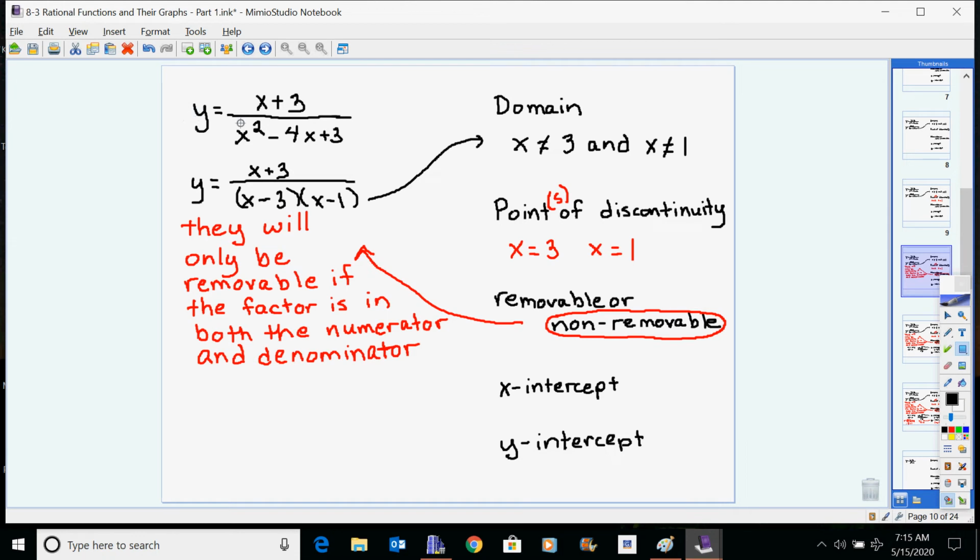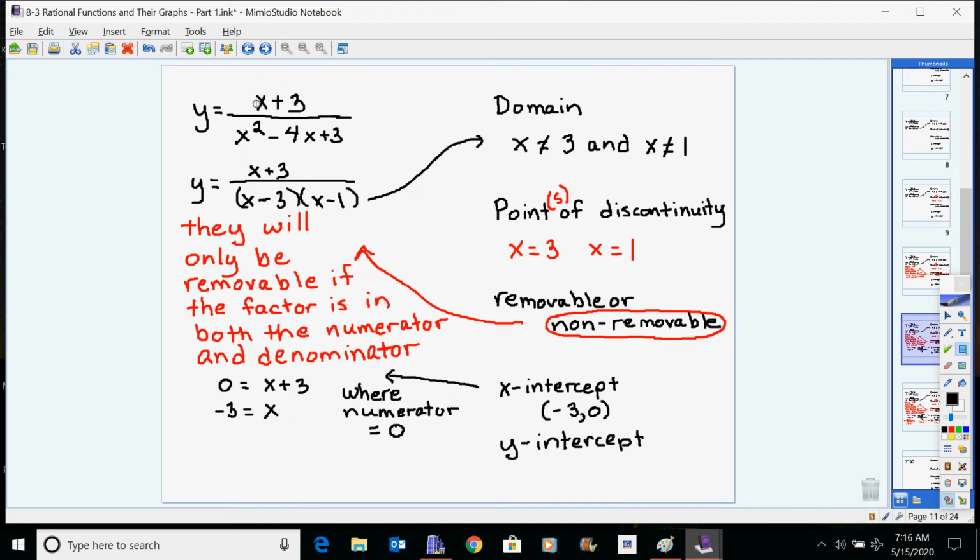So you don't even have to deal with the denominator. All you have to do is let 0 equal x plus 3 to find your x-intercept. Write that down. Where the numerator equals 0 is going to give you your x-intercept. So our x-intercept is (-3, 0).